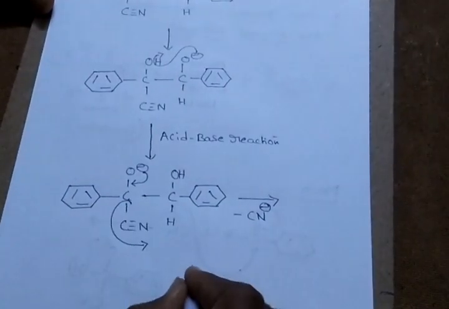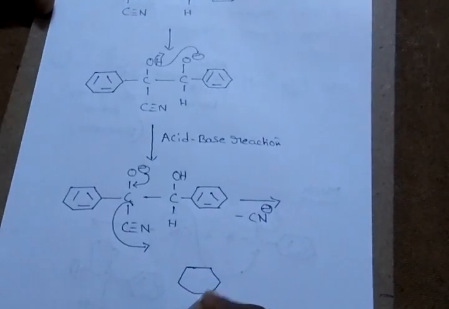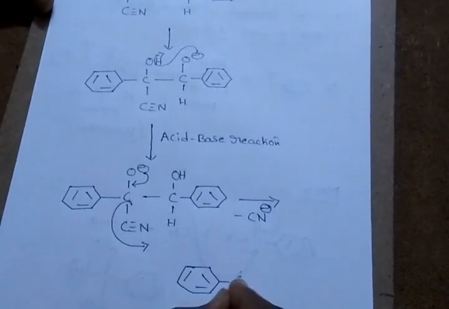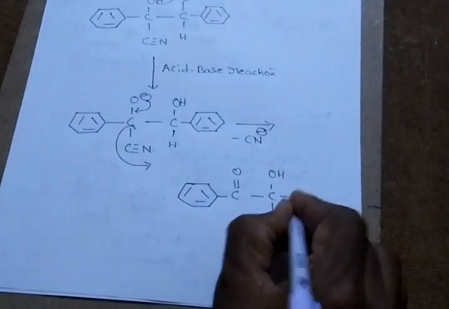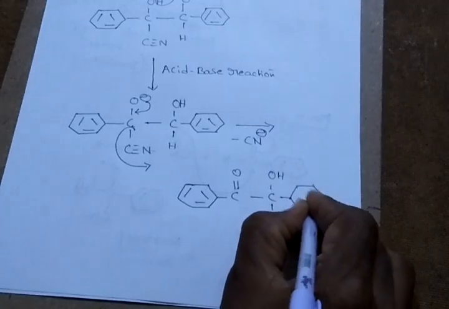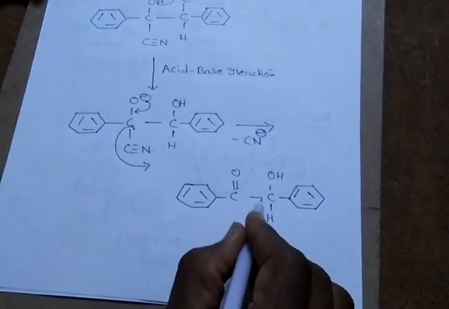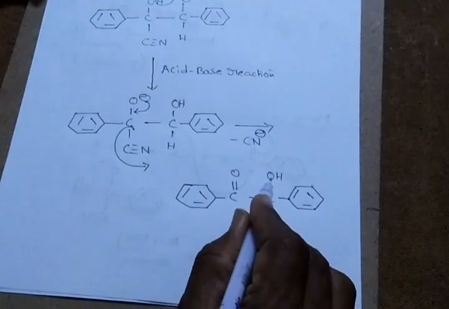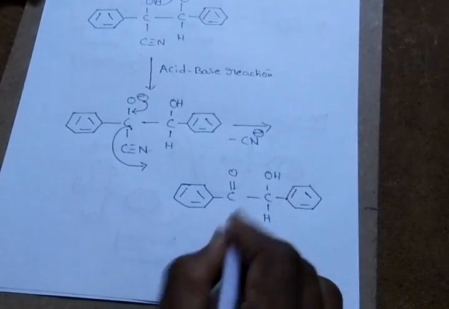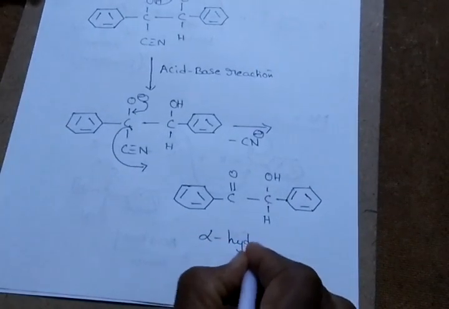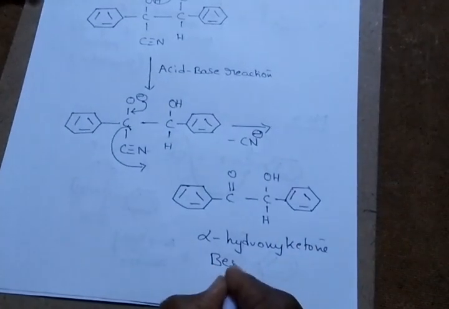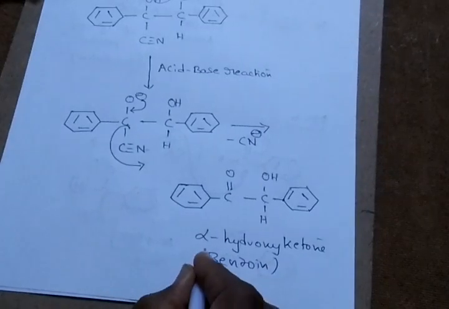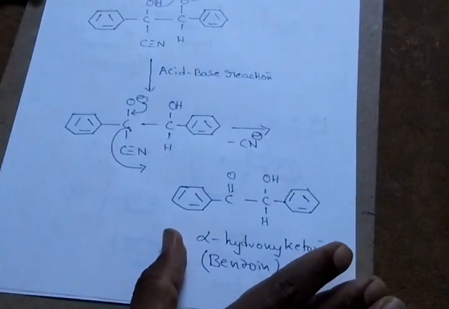Then what happens, our product, that is alpha hydroxy ketone, is obtained now. This is C, OH, single bond H, and this is the benzene ring. That means, please look dear students, this is the alpha hydroxy ketone, aromatic ketone, which is generally known as the benzoin. So this is the mechanism of the benzoin condensation reaction.